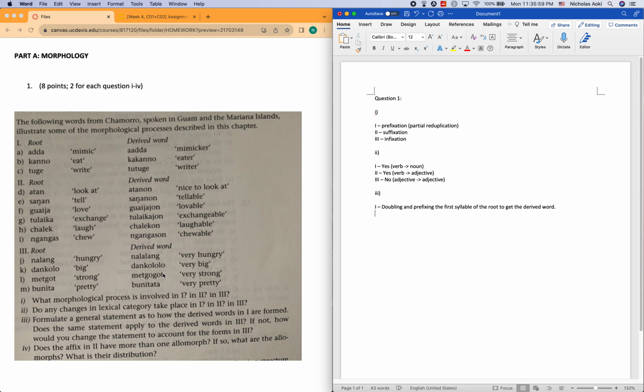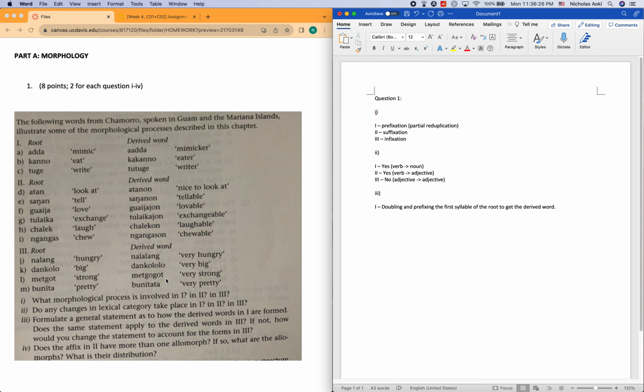We can see that the same rule applies for K and M. So K is dankolo, the last syllable is lo, and since there's only a consonant and vowel, we double the entire syllable. So dankolo becomes dankololo. Bunita, the last syllable is ta, which is also a consonant-vowel combination. So we just double ta to get bunitata.